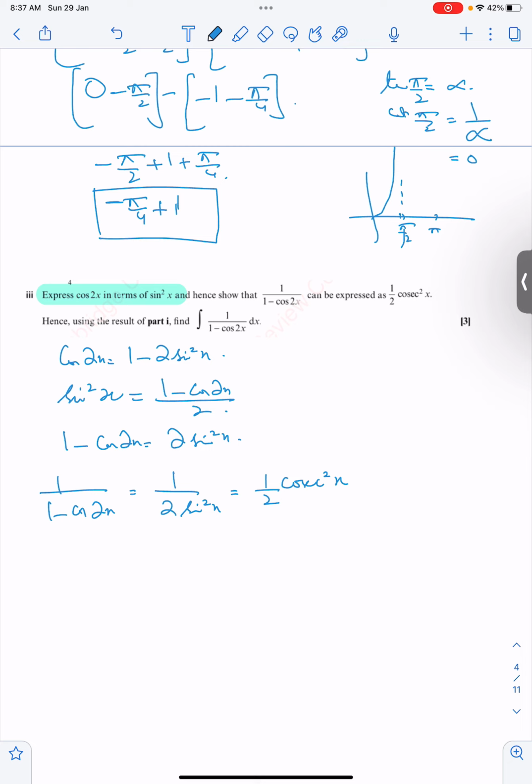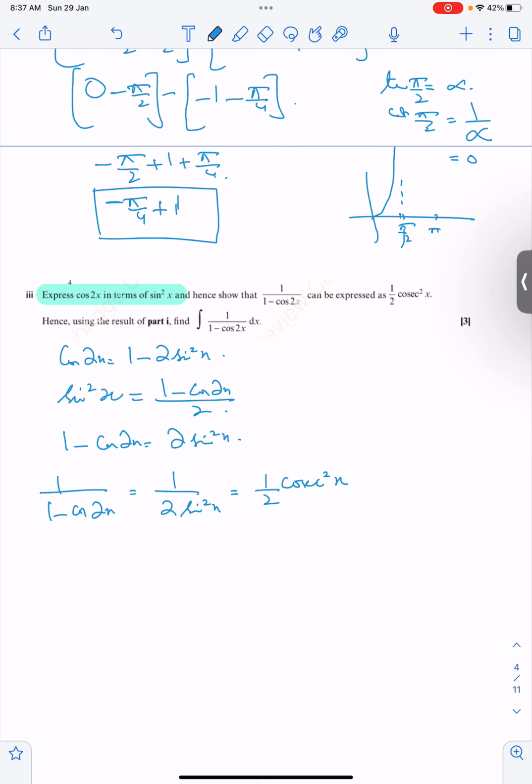Okay, you have to integrate 1 minus cos of 2x, which we know dx is equal to half cosec square x. That means now we have to integrate cosec square x.